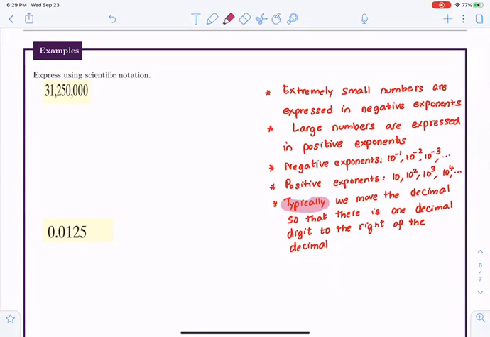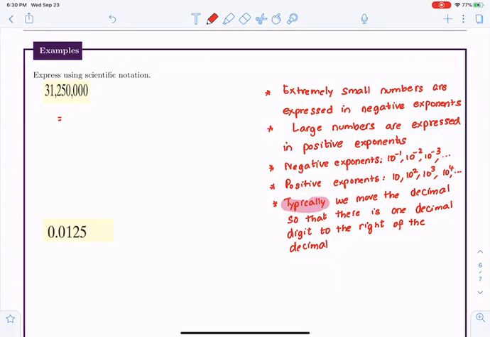Okay, so here we have a large number, which is 31,250,000. So I want a digit to the left of the decimal point.